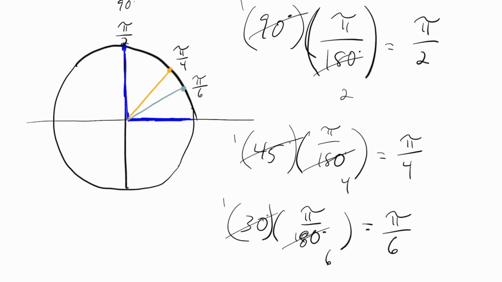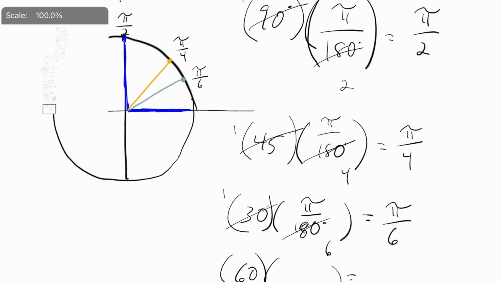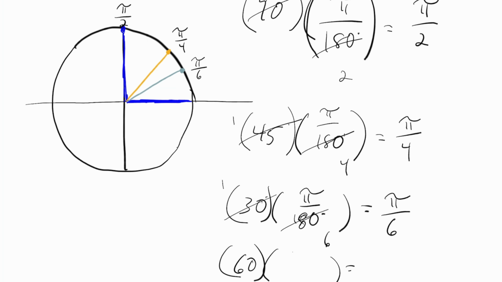And finally, let's do a 60-degree angle. Multiplying 60 by pi over 180. 60 reduces to 1, 180 reduces to 3.